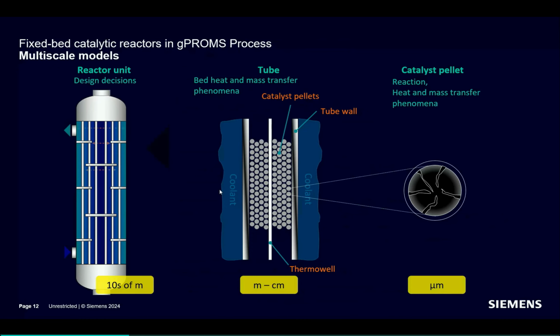We approach this with multi-scale models, so we do consider phenomena taking place in the catalyst pellets at the micrometer scales. These are mainly the reactions and internal heat and mass transfer phenomena. Then, of course, in the tube as well, which is mainly the bed heat and mass transfer phenomena. And then there are a number of decisions at reactor unit size.